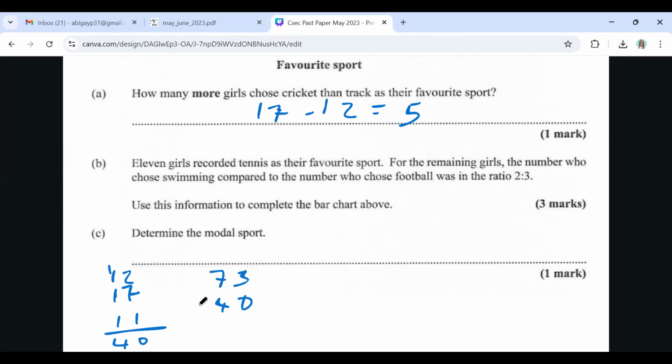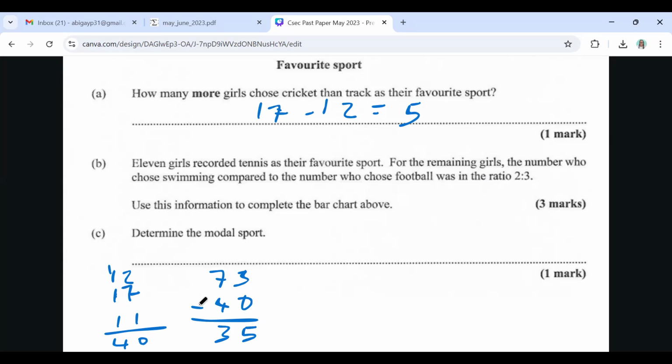When we subtract, we should get the remainder, the girls who choose swimming or football. So that is 35 who choose either swimming or football.